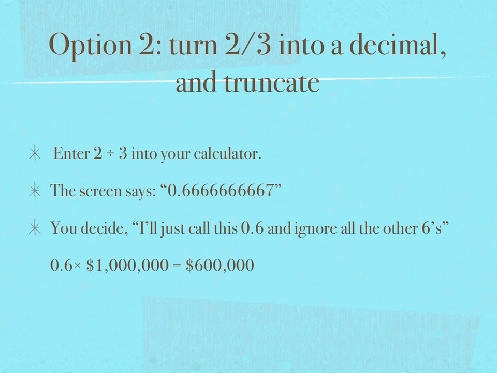So 0.6 times a million equals $600,000. Using option 2, your share of the winnings is $600,000. Notice that the difference between rounding and truncating changed your share of the winnings by $100,000. This seems like a pretty big deal.